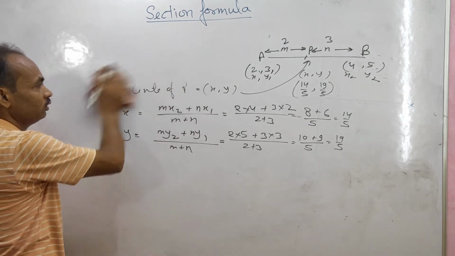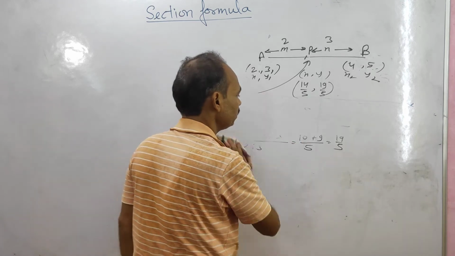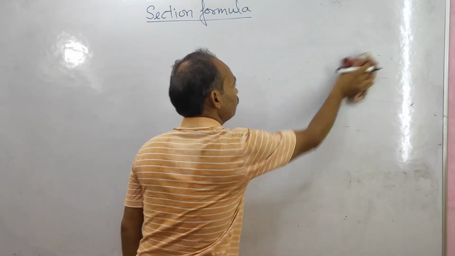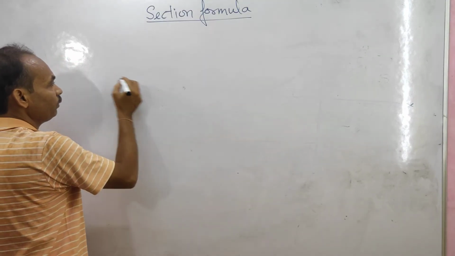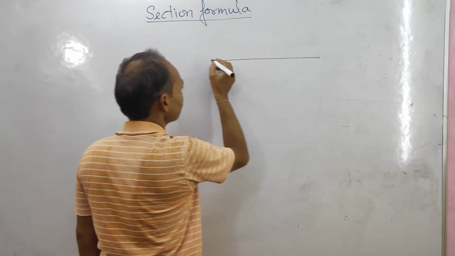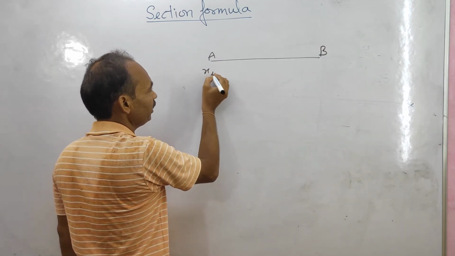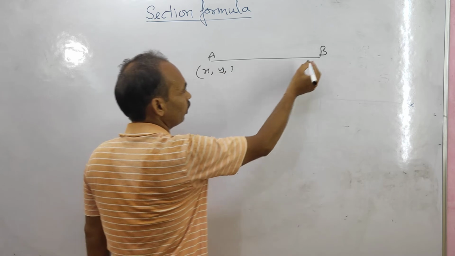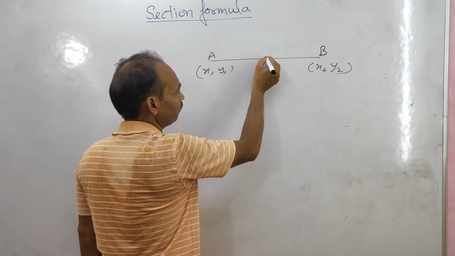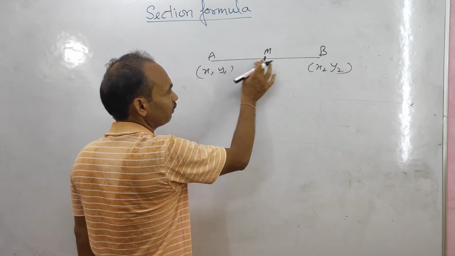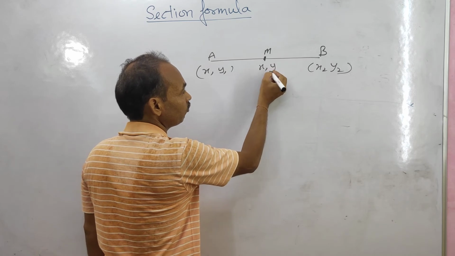The second point of the section formula is also very easy. The midpoint. If there is a line A and B, the coordinates of A are x1, y1 and the coordinates of B are x2, y2, and there is a midpoint M in the middle, what is the value of its x and y?